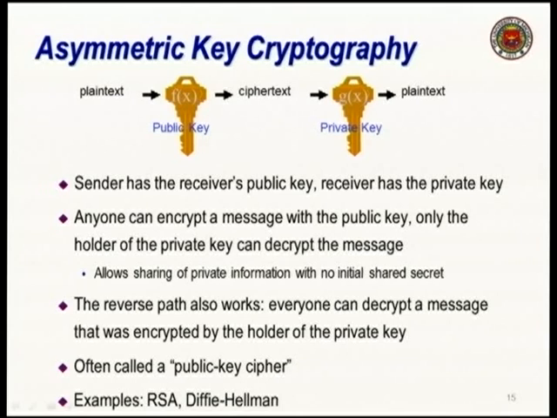Using this, I could, for example, send my bulk encryption shared key through that channel. So it's a very powerful thing. Typically called a public key cipher, and examples are the RSA algorithm as well as Diffie-Hellman.